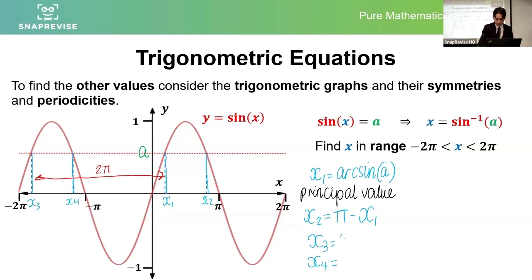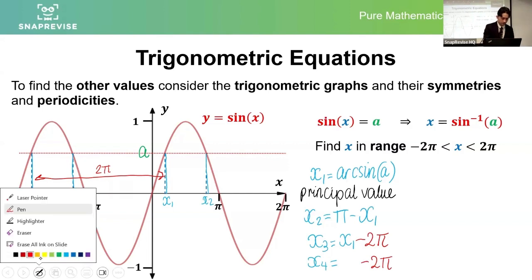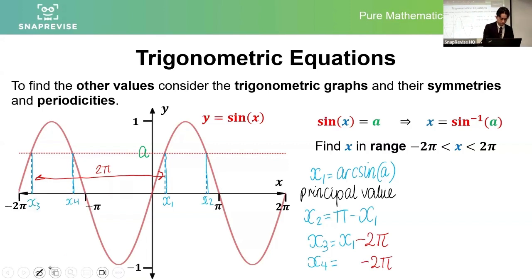This one will be just x1 minus 2 pi. I'll tell you what, let's color code it even better. And x4 will be the x2 one minus 2 pi.